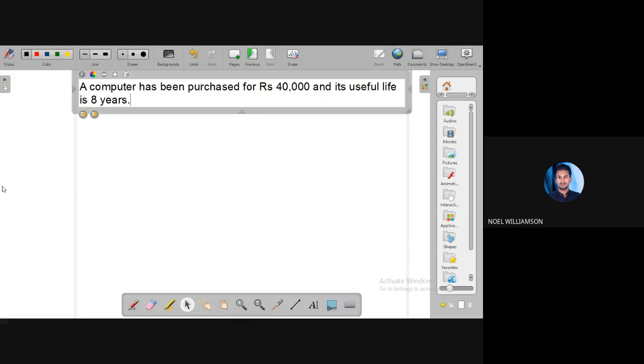Its scrap value at the end of the 8th year is estimated as rupees 4,000.